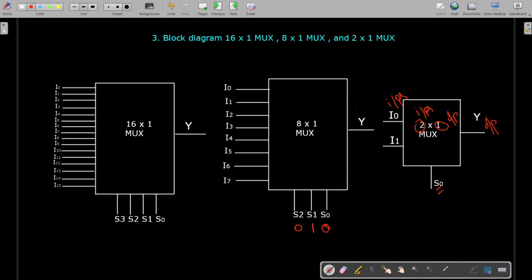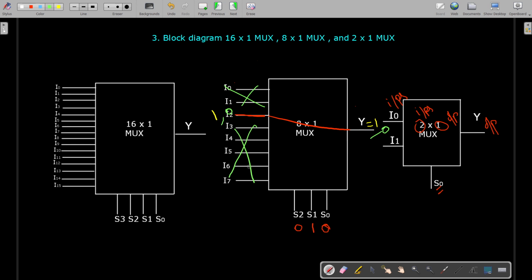Based on the 0, 1, 0, this line will be selected and it will be connected to this output side, and the data available here, if it is 1, that 1 will be available here. If you are having a 0 at this I2 position, then that 0 will be available here. The remaining I0, I1, I3 to I7 will not be selected and will not be connected to the output side, and no data from these input lines will be transferred.